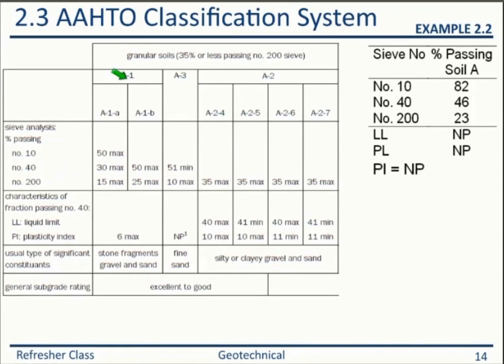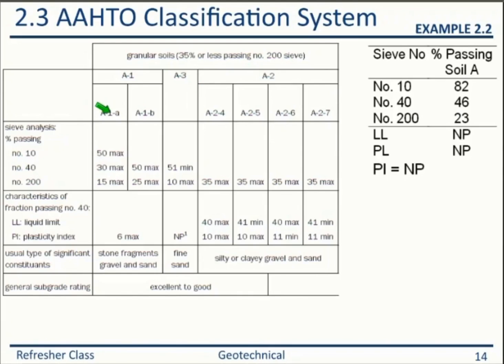You came to this part because the percentage passing through number 200 sieve is less than 35. This is valid if the percentage passing through number 200 sieve is equal to or less than 35. For soil sample A, 23% is passing, which is less than 35. So the soil could be one of these.